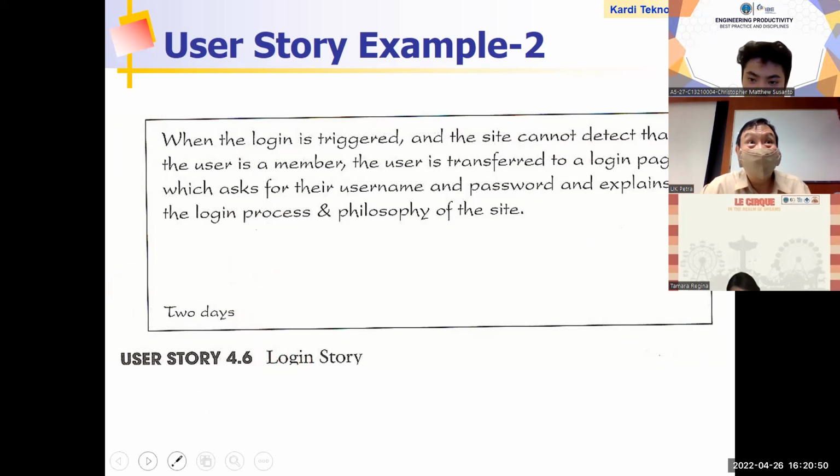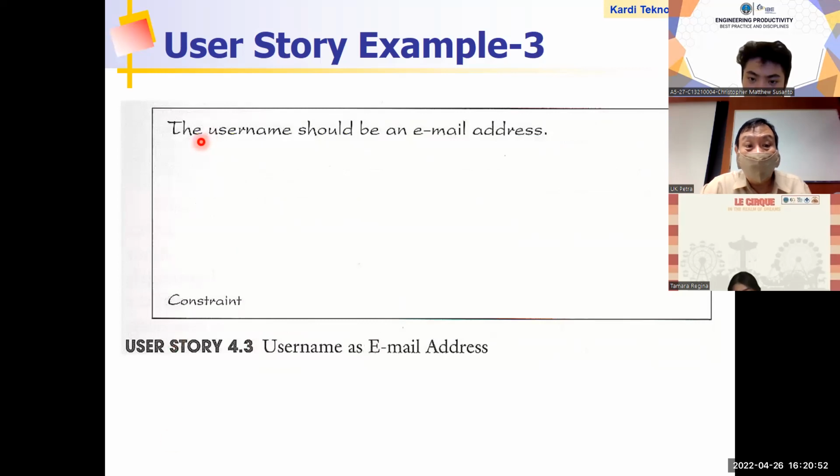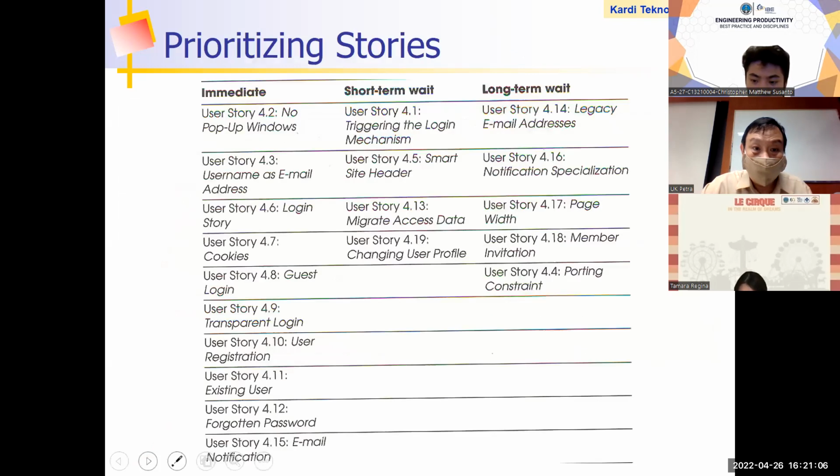Is it clear or not? Okay, so, and username must be email address, example. So, there is nothing to do, right? So, the developer will say, this is a constraint. No need to estimate the velocity. Right? So, this is example.